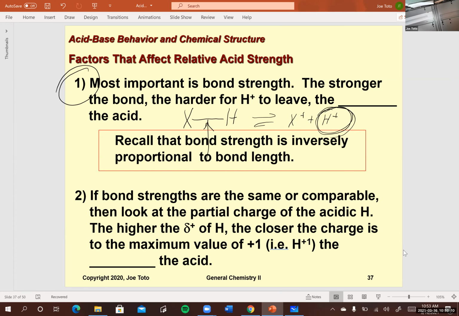It would make sense to think that way, I think, logically. So the first factor that you want to look at when given a series of acids and asked to rank their strength is look at the bond strength of the leaving H plus and see if in some way you could rank that.